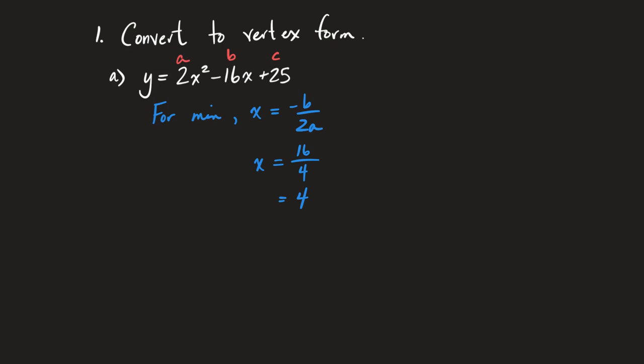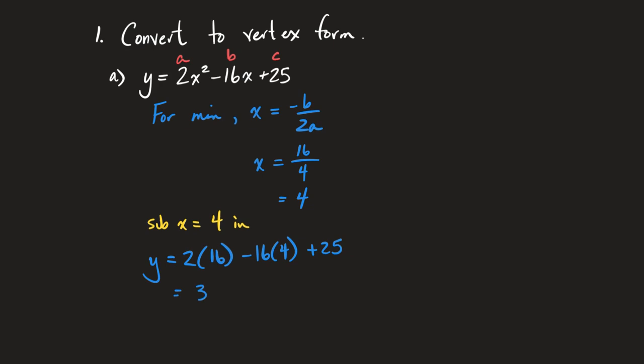Well, now what I need to do is find the y-coordinate of my vertex. So I am now going to sub my x equals 4 back into my function. When I do that, I'm going to get 2 times 4 squared, which is 16, minus 16 times 4 plus 25.